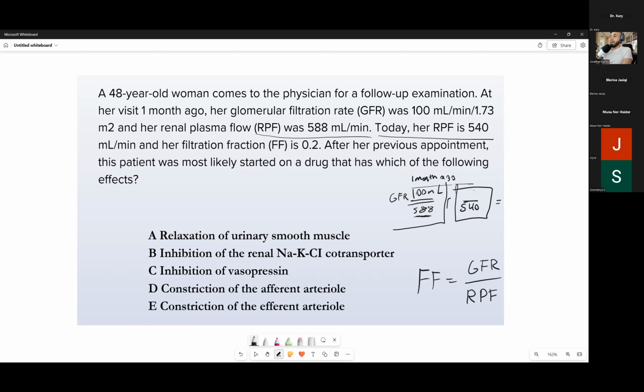That was before. Today, all they gave you was the filtration fraction, which is 0.2, and her renal plasma flow is 540. So GFR, we have no clue, it's like an X, over 540 for renal plasma flow, but whatever it is, it's equal to 0.2.